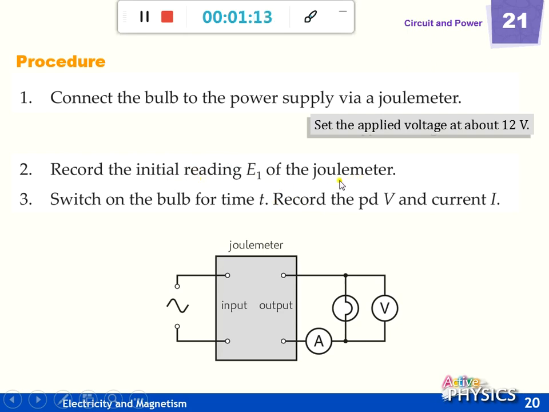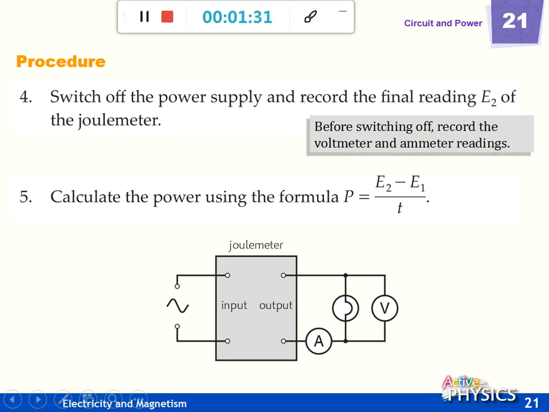In heat, you should know that the joule meter measures the number of joules. Here, switch on the light bulb and then record the PD using the voltmeter and also use the ammeter to measure the current. Then switch off the power supply, we take the final reading, and then calculate it.